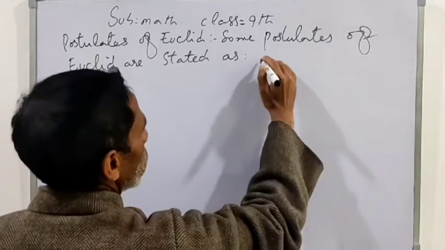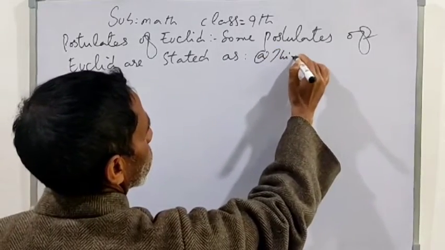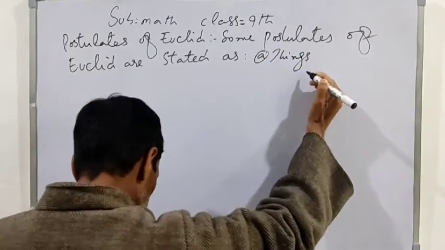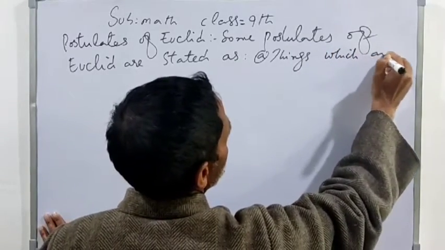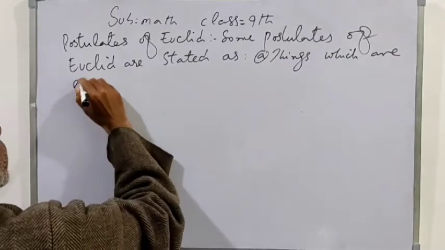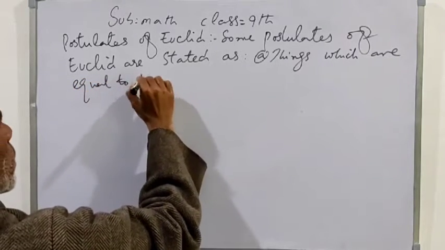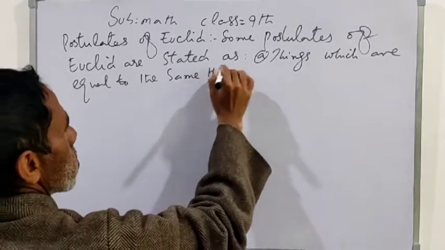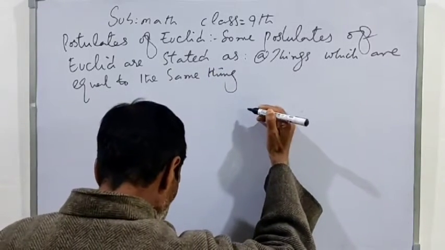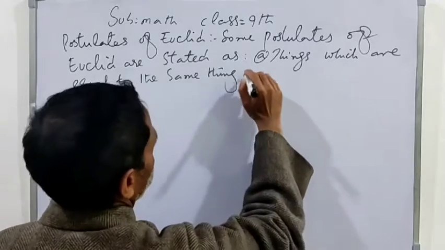First, things which are equal to the same thing are equal to one another.